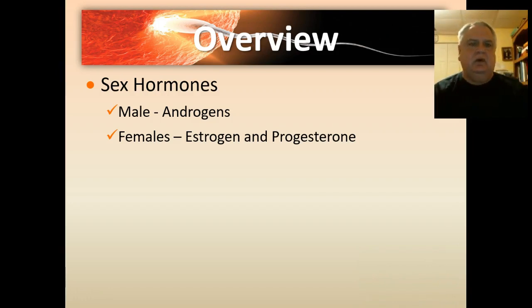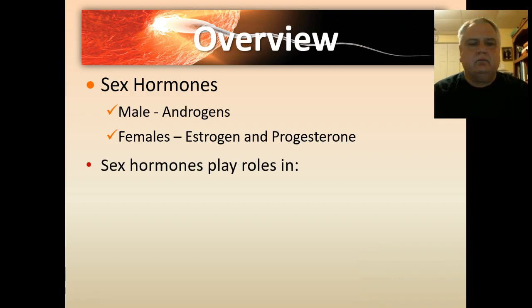The difference in secondary sex characteristics, for example, in males and females, however, is the level of estrogen and testosterone. In males, the level of testosterone is higher and estrogen is lower. In females, it's the opposite way around. Estrogen is higher and testosterone is lower.